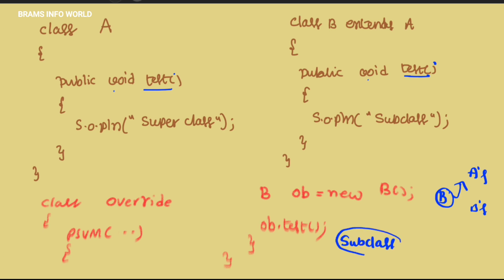Okay, so this is the output of our program. Overriding means the ability to define a method that specifies the particular subclass type. So that is the reason we can expect that the output is subclass. The JVM automatically calls the subclass method.